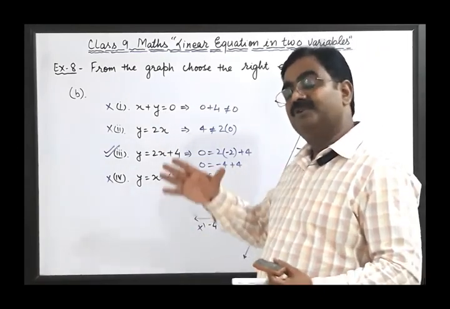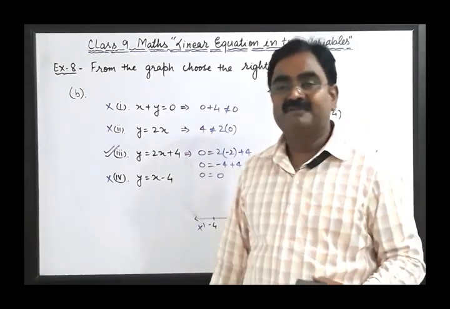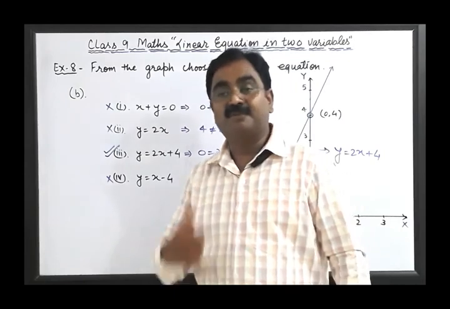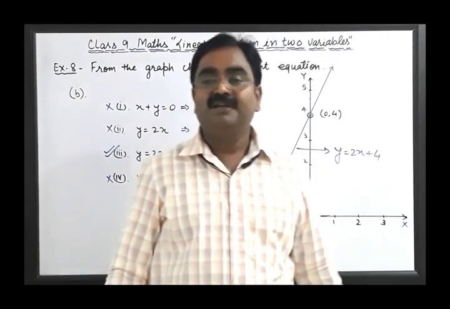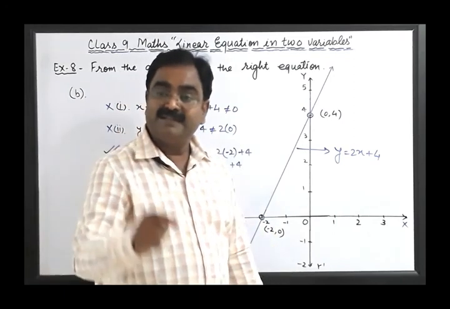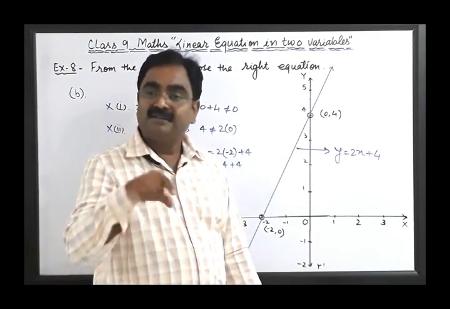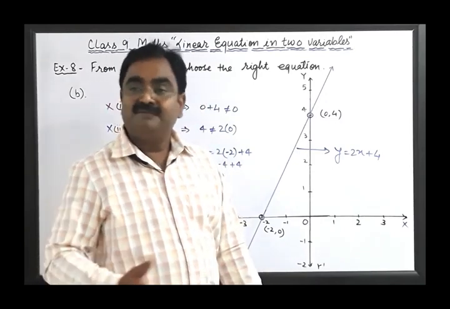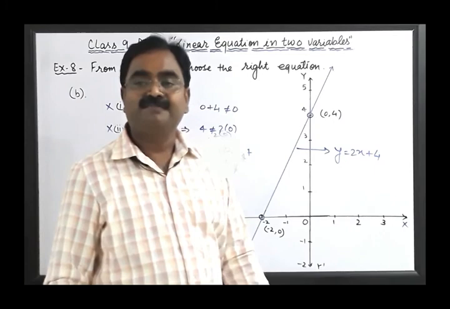We have to draw the graph from the given equation. At every part we have to discuss. Right, children? So you have to complete the exercise 4.3. In the next lecture we will do it, and if you have any query in the exercise, comment in the comment box and we will give the solution in the next lecture. Right?